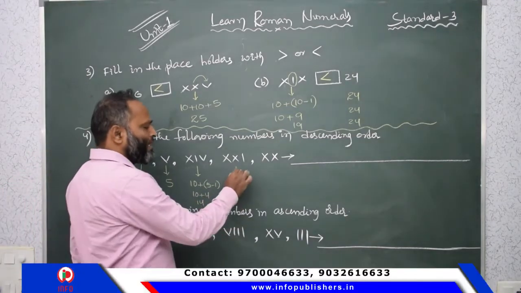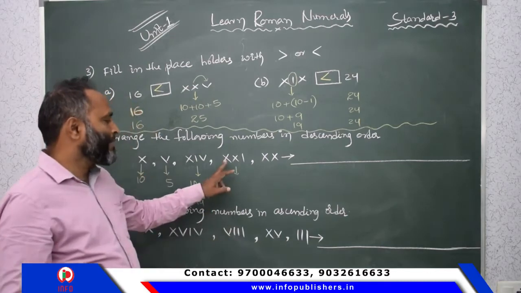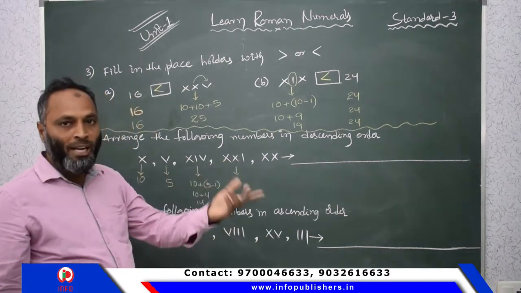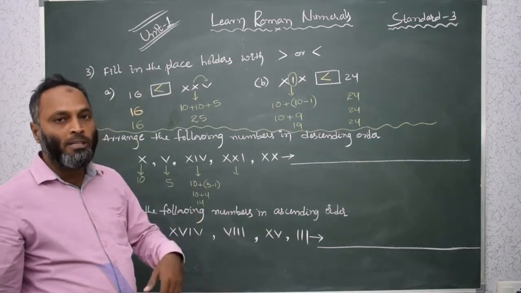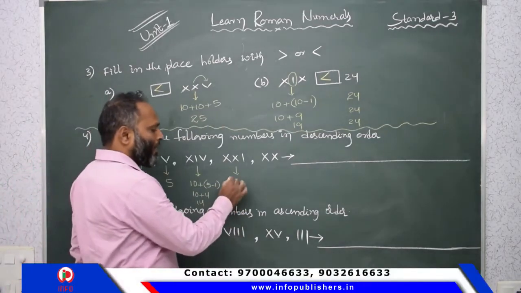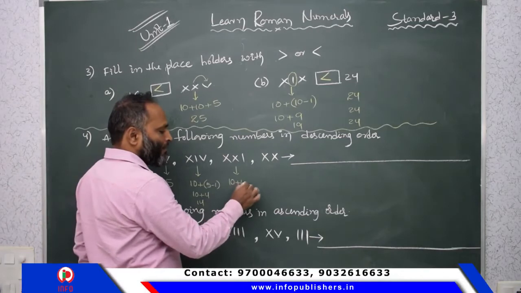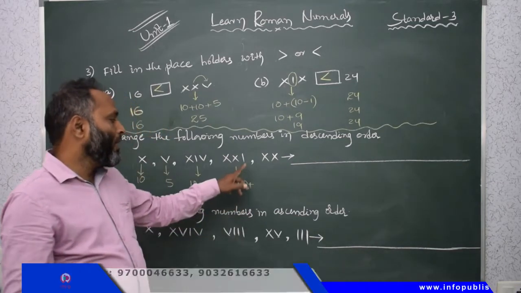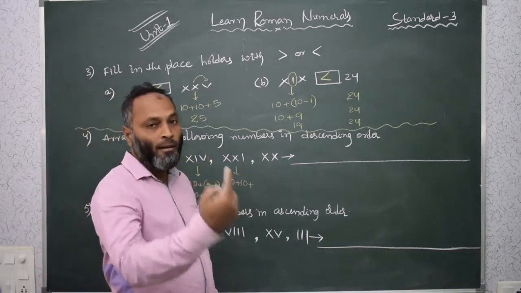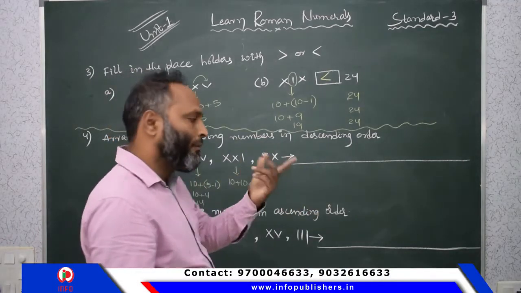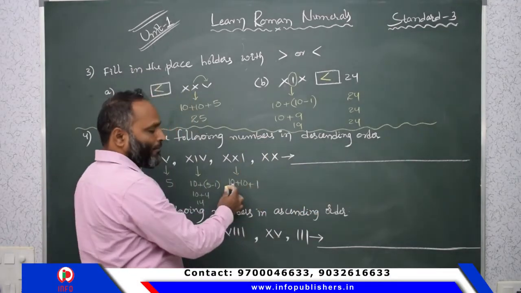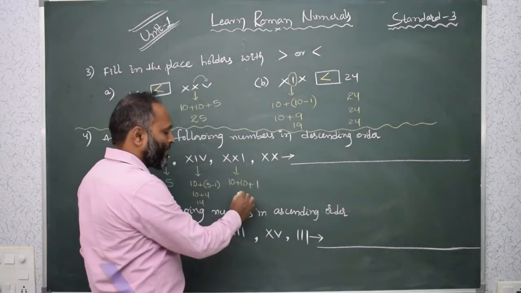Here X repeats two times. If any Roman numeral repeats two times, we have to add, that is 10 plus 10. And after that, the smaller Roman numeral is on the right side of the bigger Roman numeral, so according to our second rule we add: 10 plus 10 is 20, 20 plus 1 is 21.